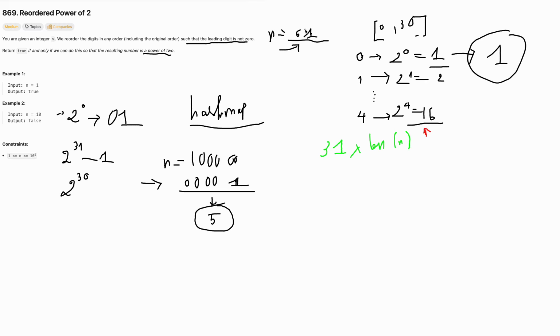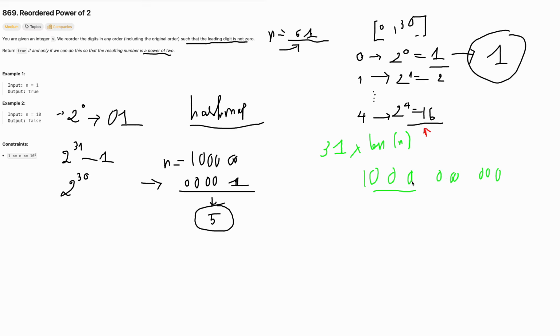Let's say n here is the number of digits we have. We don't need to worry about that, because it is limited. Because for 10 power 9, that is 0 0 0 0 0 0 0 0, here we have 10 power 9, right? So how many digits do we have here?